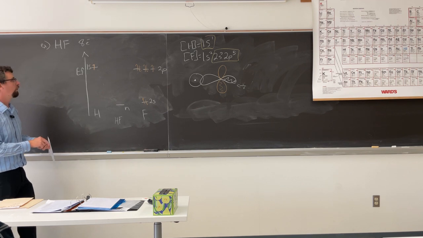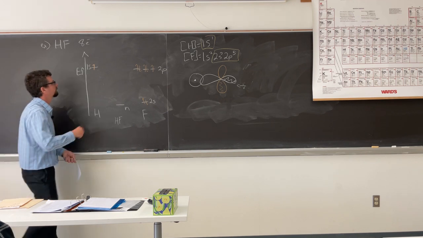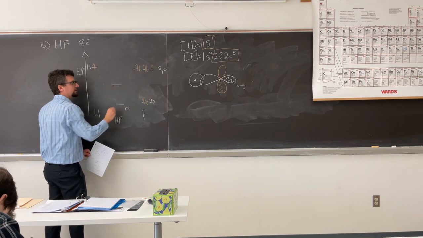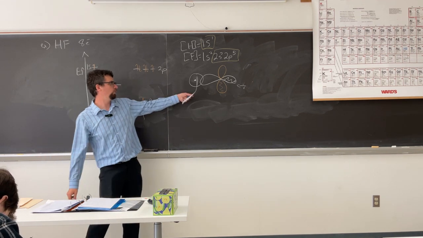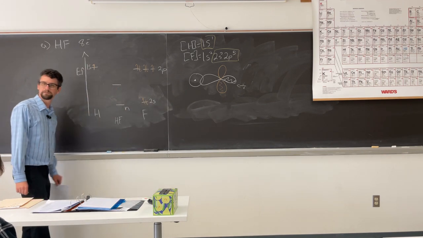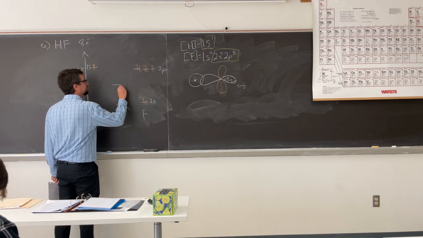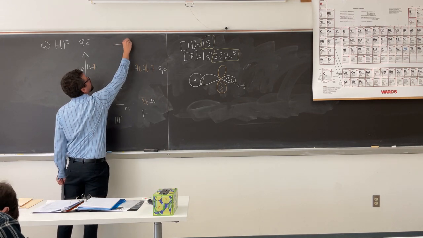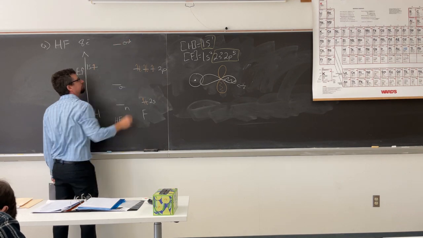So it's only one of these orbitals that interacts with the s. What type of overlap is this between the two white orbitals? Yep, so we get a sigma, and then we have to have a higher energy sigma star.